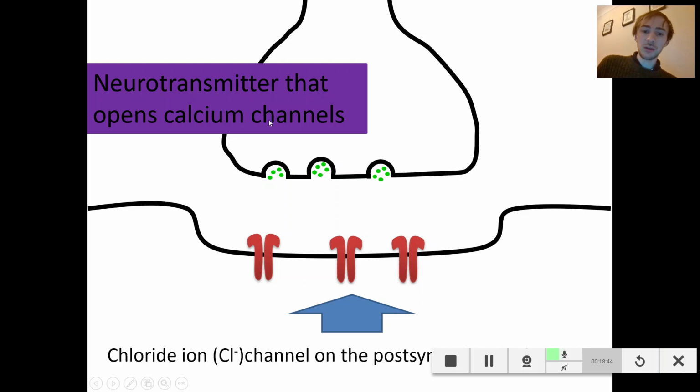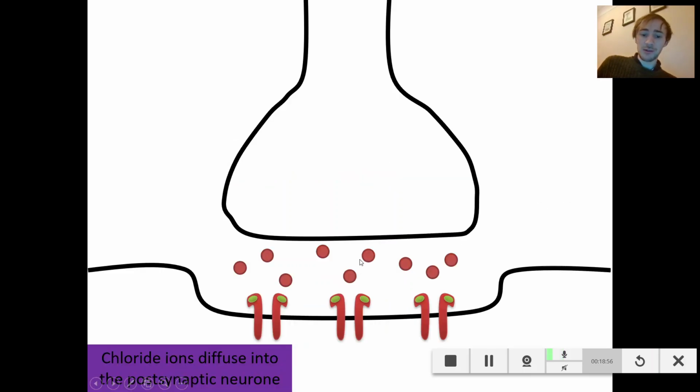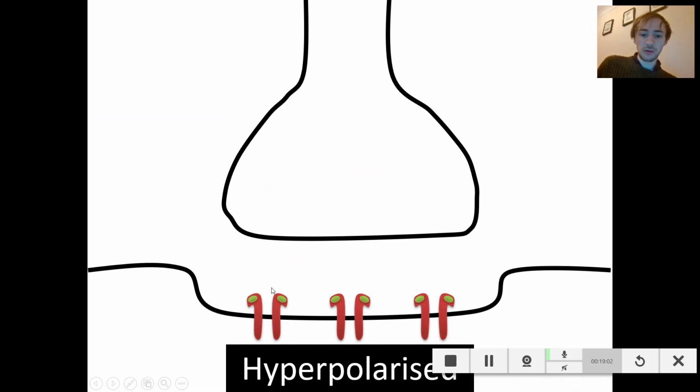They cause these vesicles here with the green neurotransmitter in them to fuse with the presynaptic membrane. These green neurotransmitter dots are GABA. They are not acetylcholine. The GABA, which are now for some reason red dots, will then attach themselves onto these receptors, which then cause chloride ions to enter.